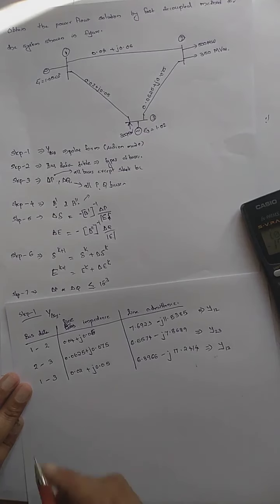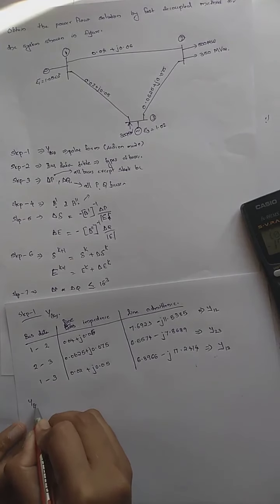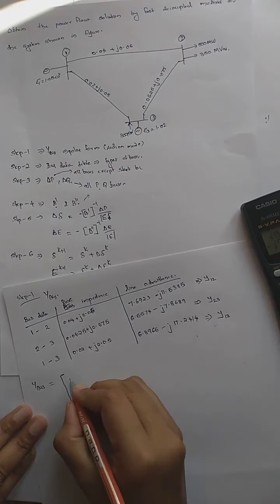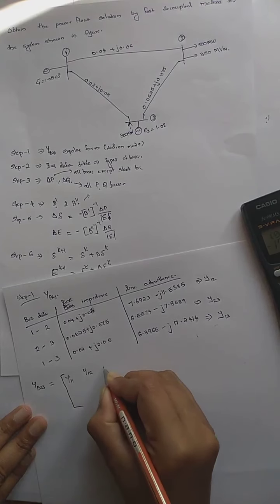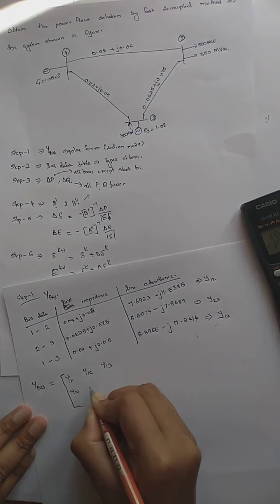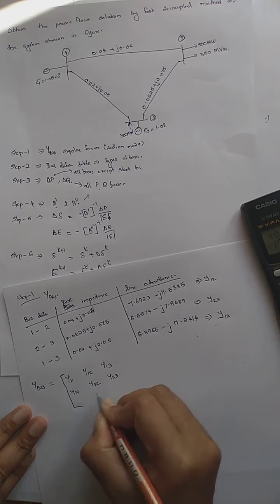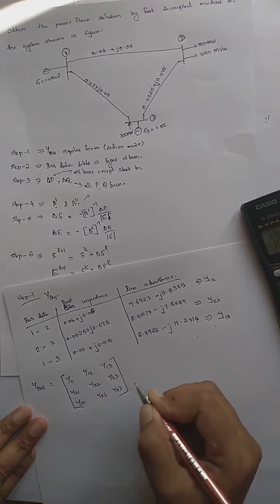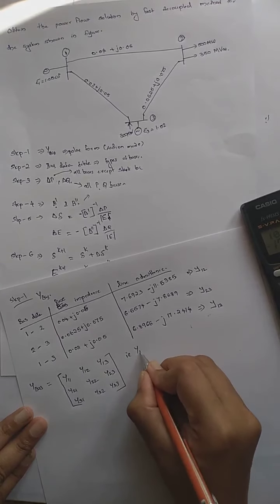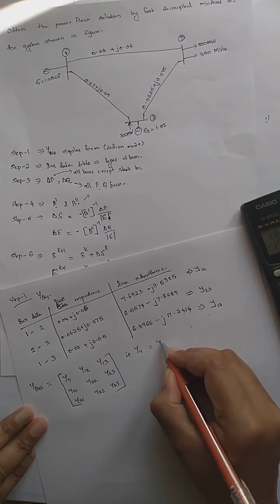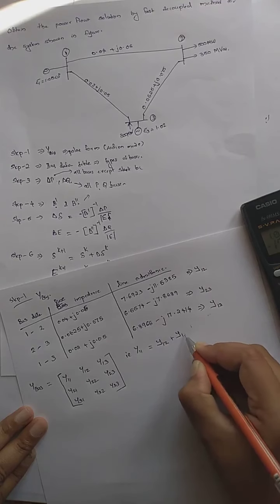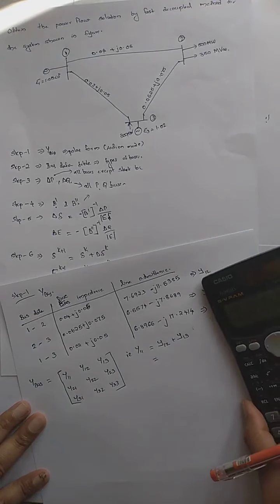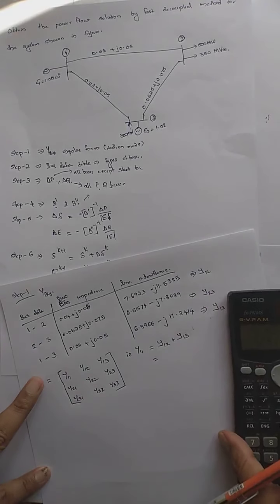Next we have to find out my Y bus. For a 3 bus system, that is a 3 by 3 matrix: Y11, Y12, Y13, Y21, Y22, Y23, Y31, Y32 and Y33. My Y11 value is all those connected to my first bus, that is Y12 plus Y13: 7.6923 minus j 11.5385 plus the Y13 value.